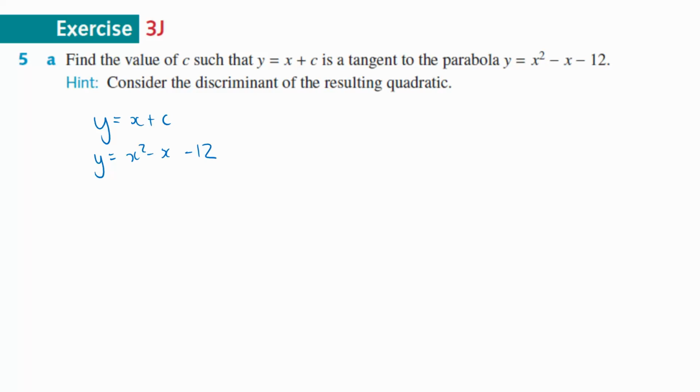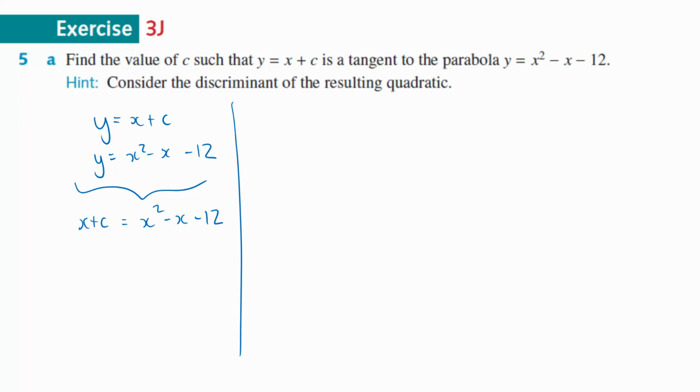You're saying now, how many times do they intersect? In our case, if they do intersect, it's always the word if. If they do intersect, they should have the same y coordinates. If they have the same y coordinates, x plus c should be the same as x squared minus x minus 12. Okay, this is where it's key. So if I go to the next step, this is what we're saying. We're saying if they do intersect, then x plus c should equal x squared minus x minus 12.